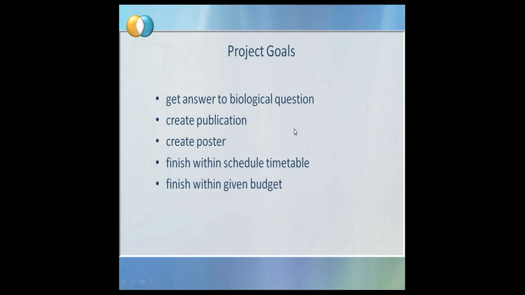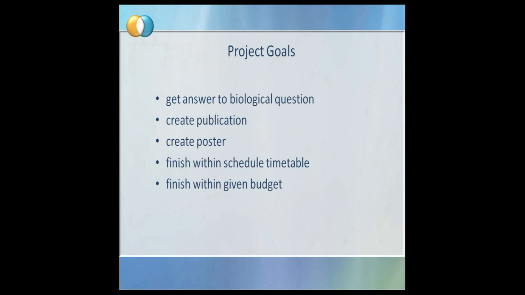Finish within the scheduled timetable. This is, of course, very important since some deadlines approach, project deadlines maybe, and of course the budget is always limited, so you should finish your project and your analysis within a certain budget.